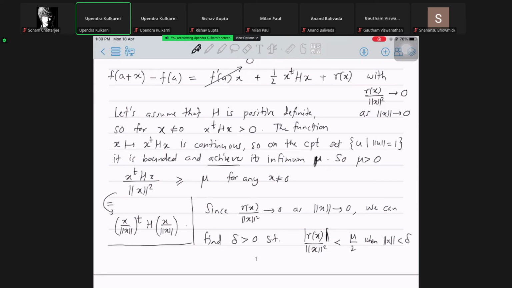But more than that, I cannot really say. If you want to say that the part where it is positive and the part where it is negative will both be connected regions, that is not necessarily true, because it may go from positive to negative to positive to negative in many different ways.